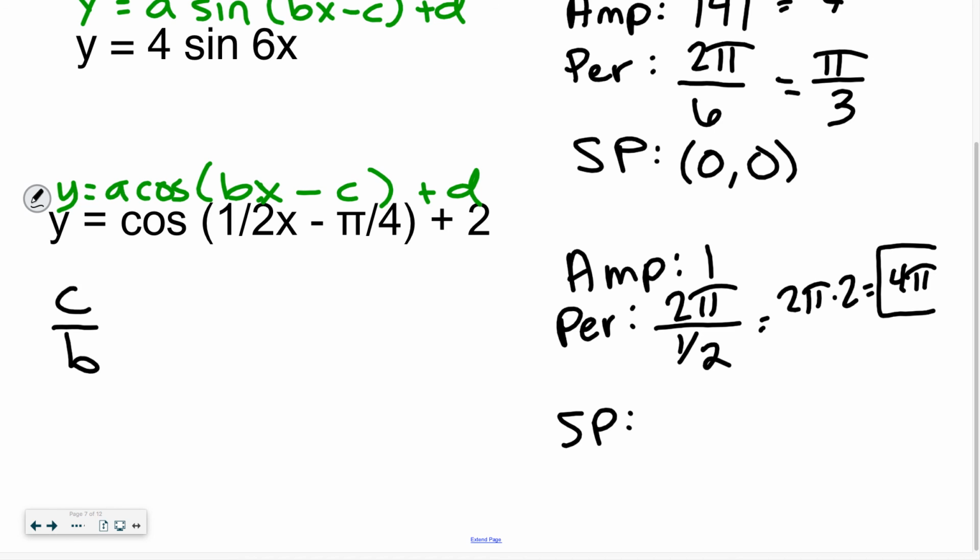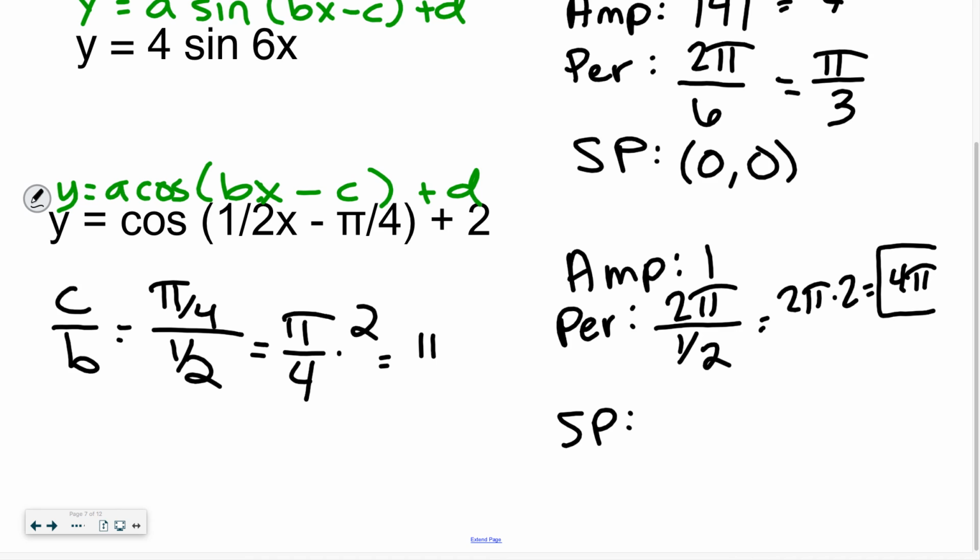Because it looks like a negative, it is a positive. You must put in a positive C value. So that's pi over 4. And B we already used for our period. That's divide by 1/2. We already know dividing by 1/2 is multiplying by 2. 2 over 4 is 1/2. So this is pi over 2.